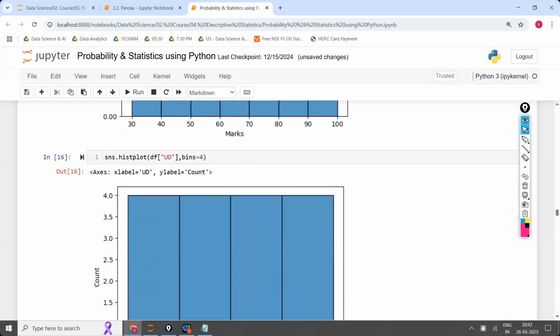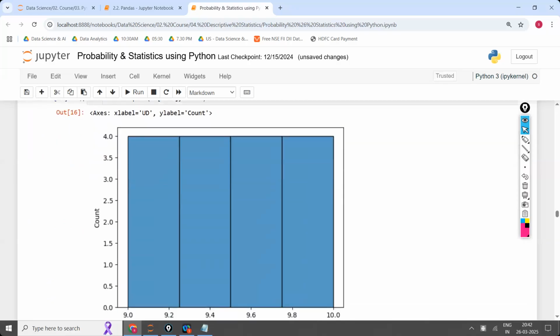And when every bin has the same height, it is called uniform distribution. All the bins are of the same height, it is called uniform.